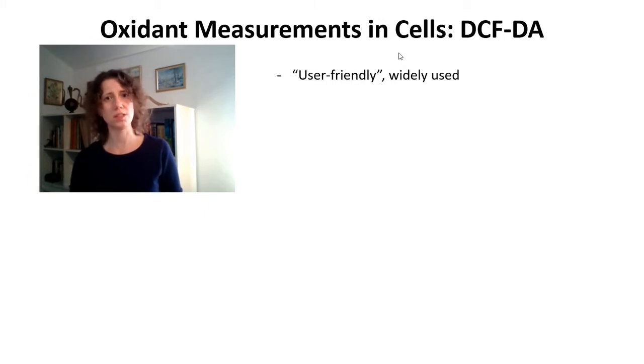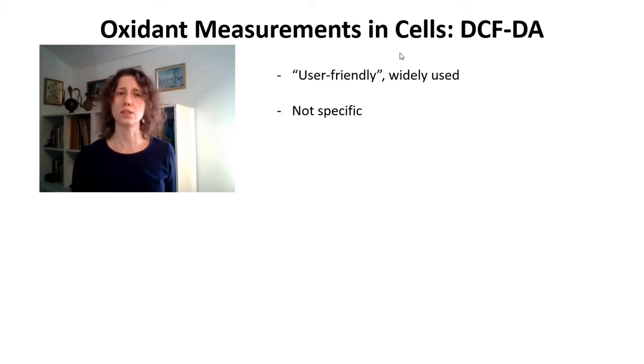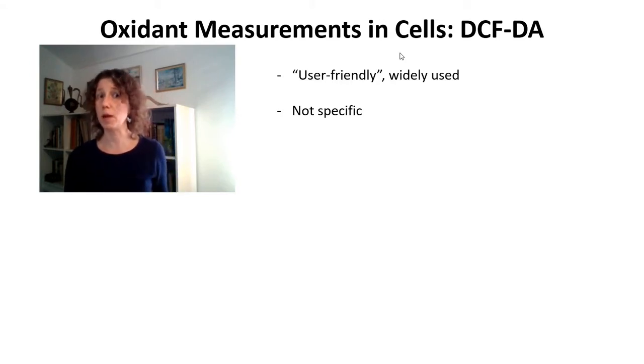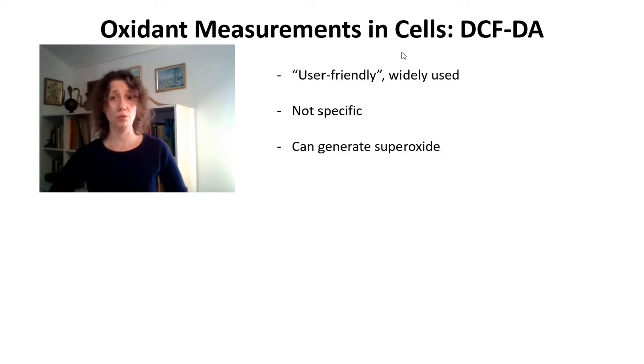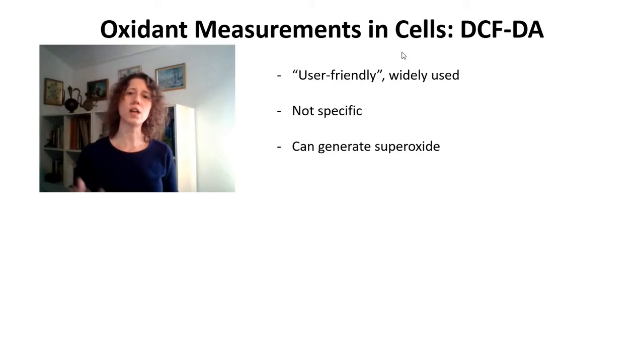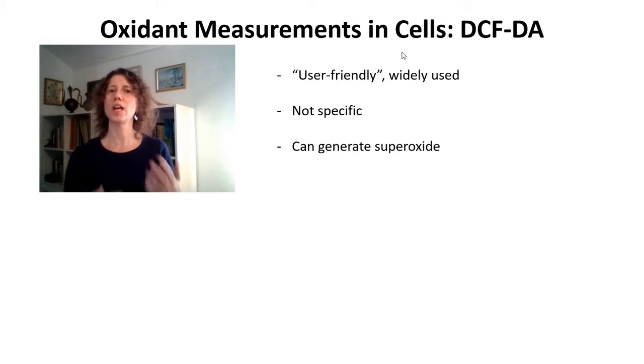The problem with DCF is that it's not specific for any specific oxidant. It could actually be oxidized by many different things, and not only oxidants, as we will see. Another problem with DCF is that as it's oxidized, it can generate oxidants, including superoxide radicals. And that kind of makes it autocatalytic.